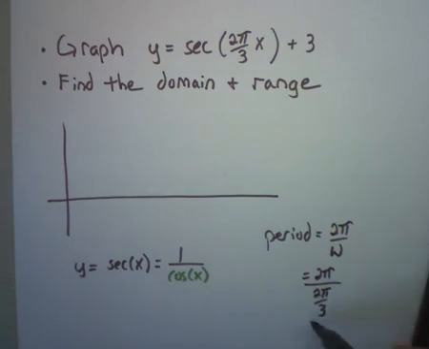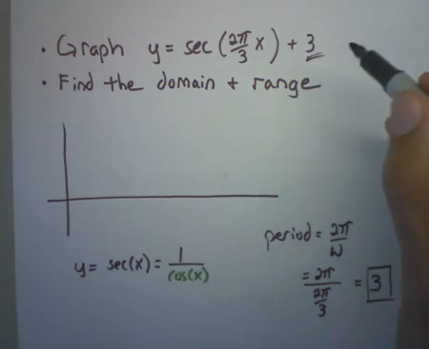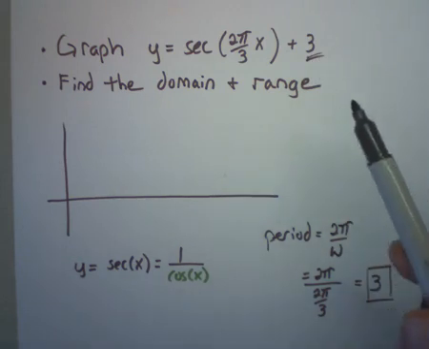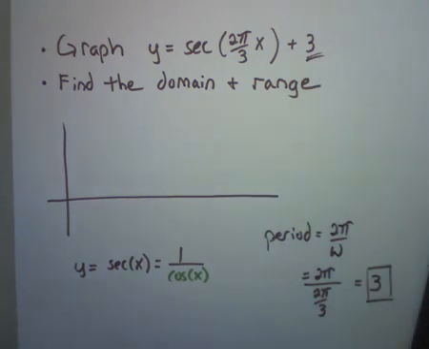So flip that 2 pi over 3 on the bottom, flip it over and multiply. The 2 pi's cancel, and the period ends up just being 3. So we have a period of 3. We also have a vertical shift of 3. So let's work on graphing a cosine function that has a period of 3 and a vertical shift of 3.